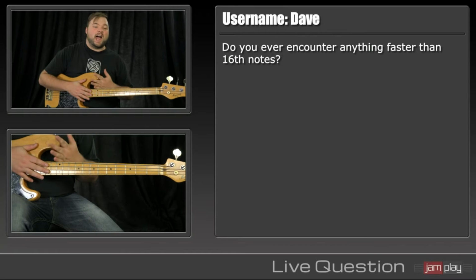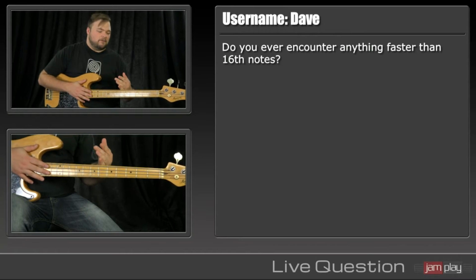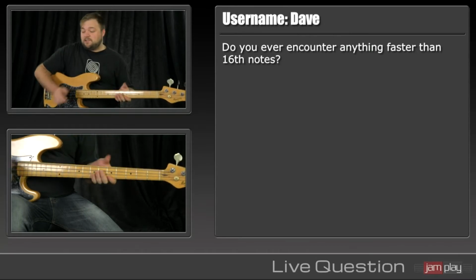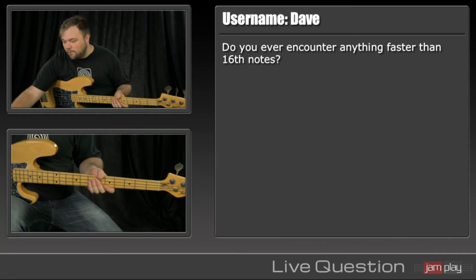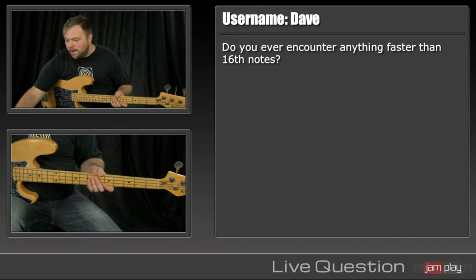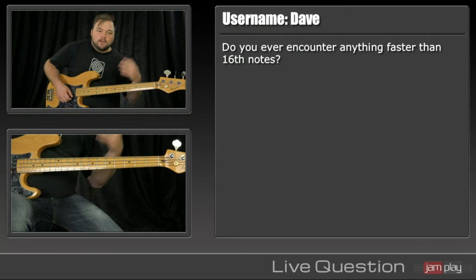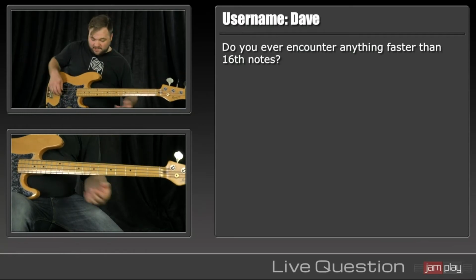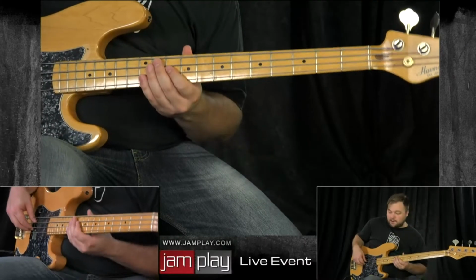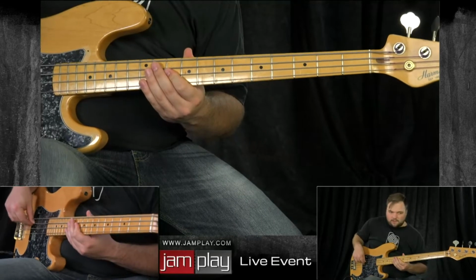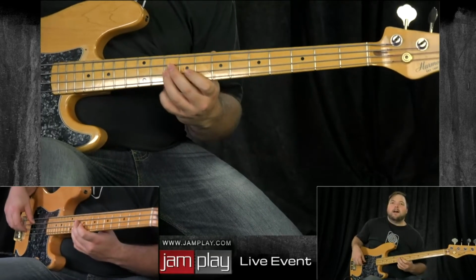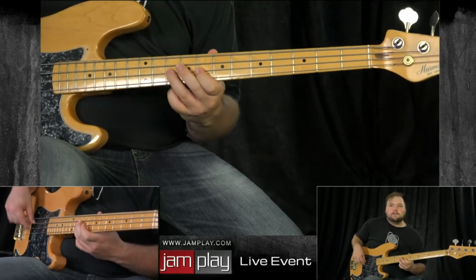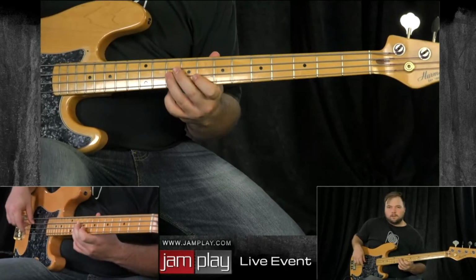The only thing that I normally see faster than 16ths is 16th triplets, which, just to give you an idea, I won't do it for the whole track. We'll get into triplets more next week, but a 16th triplet, well, a 16th note again, 2E and... this is a 16th, right?